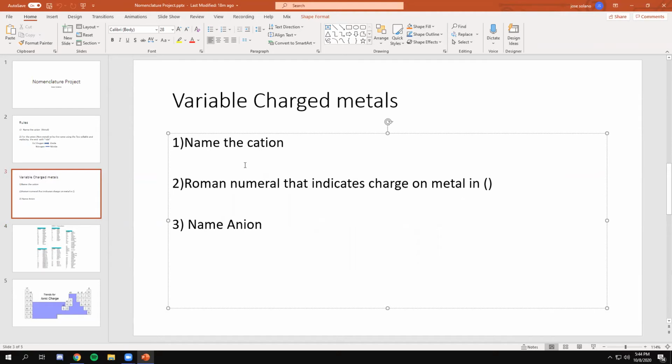You first name the cation, then the Roman numeral that indicates the charge on the metal in parentheses, and then you name the anion. The reason we have variable charge metals is because sometimes the anion would have a bigger or smaller charge, so that would change the cation to have a bigger or smaller charge depending on the anion.